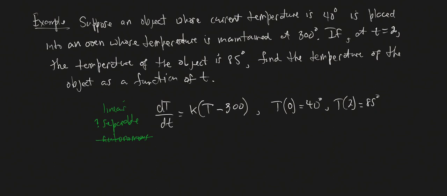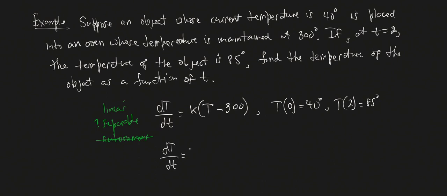Okay, so in order to apply the integrating factor method, I have to write this in the standard form, which means I have to get the derivative and the unknown function on this side and then identify coefficients. So in order to do that, let's go ahead and distribute the k.